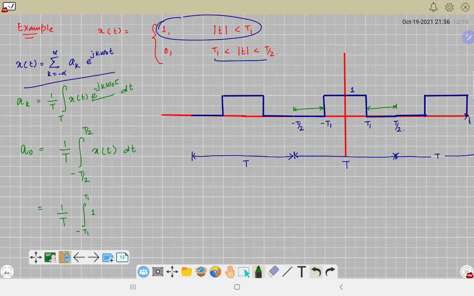So it will be 1 by T, integral of 1 dt from minus T1 to T1. This gives t between the limits, so when you use the values, it will be 2T1 by T. So this will be a0.